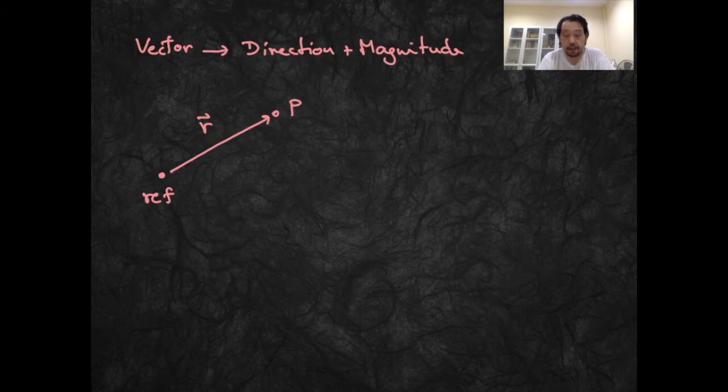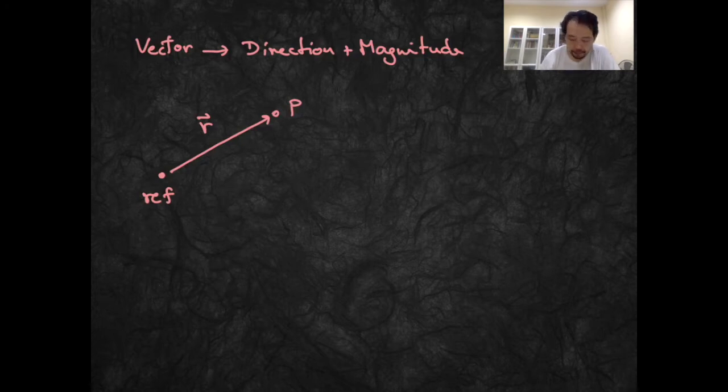Okay, and to specify the position of P, you have to specify both the magnitude, that is the distance from you to the object at point P, and the direction from you to that object. Okay, and this is the vector.